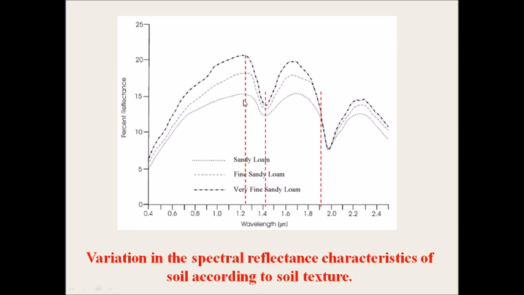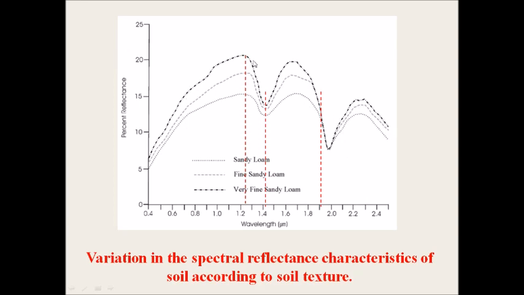They are showing peak reflection at around 1.3 or 1.25 micrometers, then they drop in reflection at 1.4, 1.9 micrometer wavelength. So here, whatever is the amount of reflection is the spectral signature of very fine sandy loam. Here this is the spectral signature of fine sandy loam. But the pattern of all of them is almost the same.